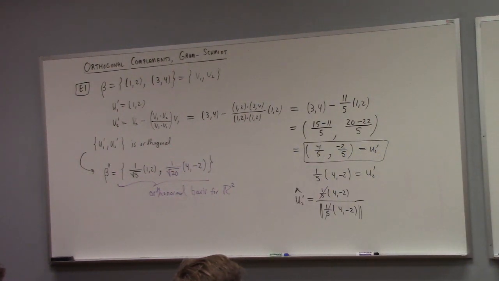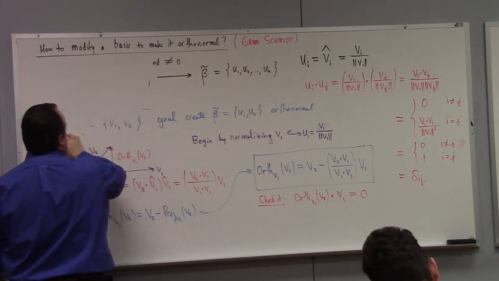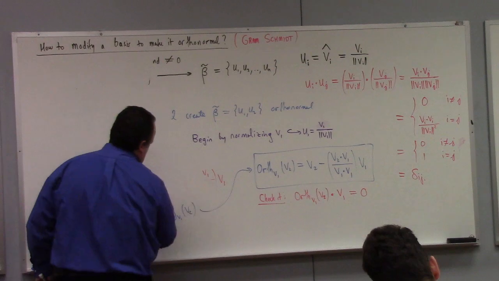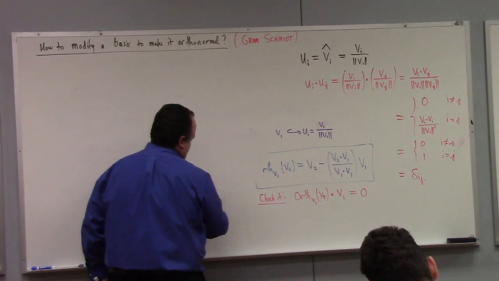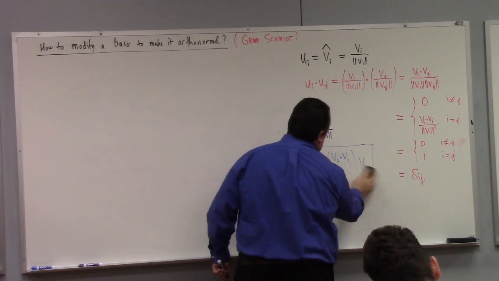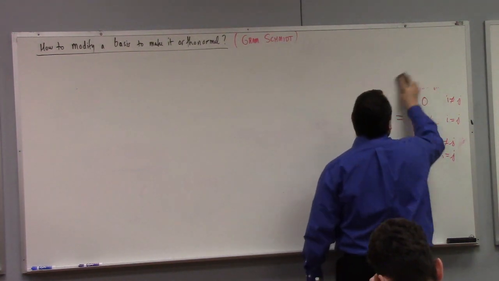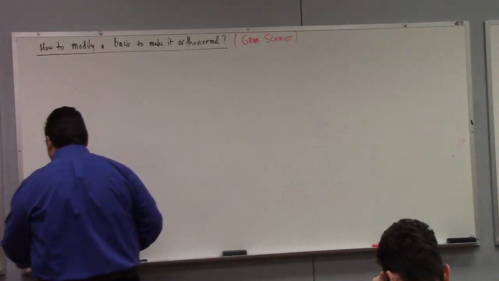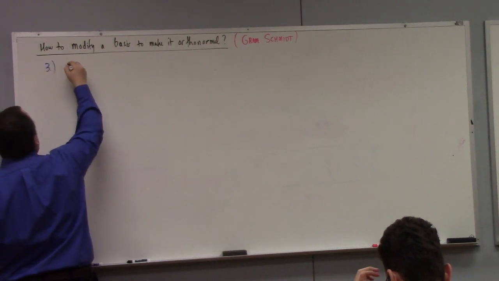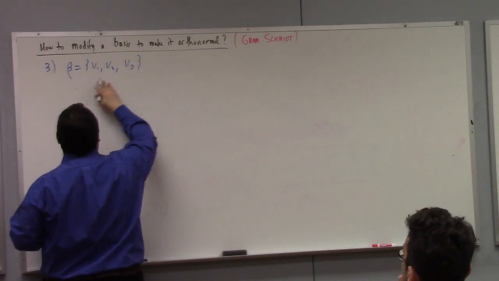So, that's just for R2. How about for R3? Let me do it in the middle board here. Suppose you've got beta equals (v1, v2, v3), all right?